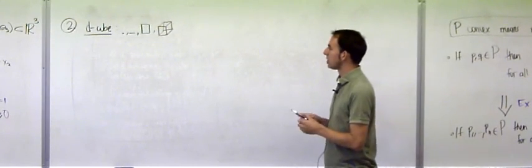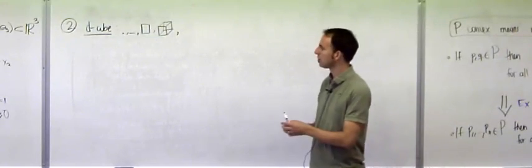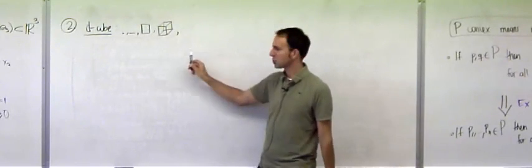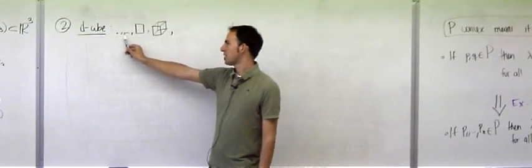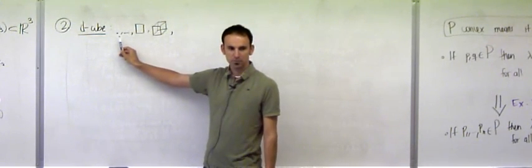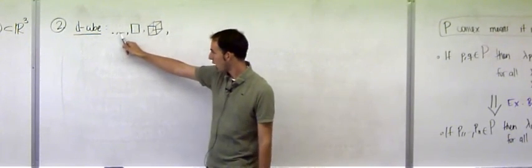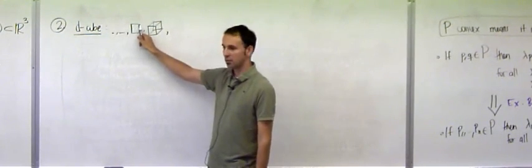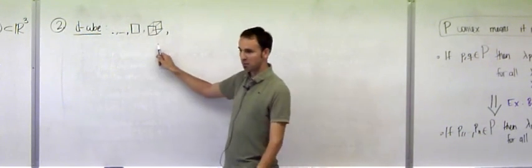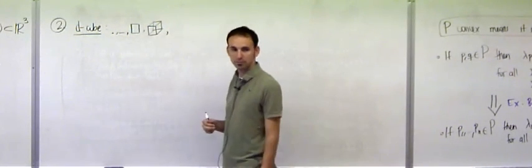Now, I'm going to draw the 4 cube for you. Let's look at how you draw the d cubes from the start. You start with a point, and then you draw another copy of the point and you join them together. Now to go from 1 dimension to 2 dimensions, you take 2 copies of this, the bottom one and the top one, and you connect them together. To go from 2 dimensions to 3 dimensions, you take 2 copies of the square, the front one and the back one, and then you connect them together.